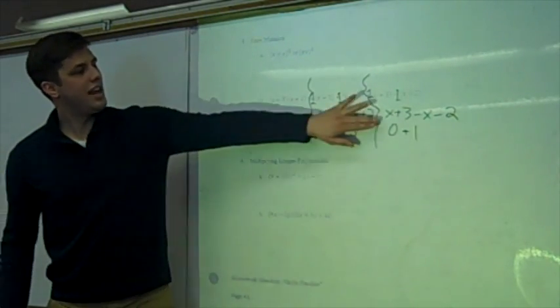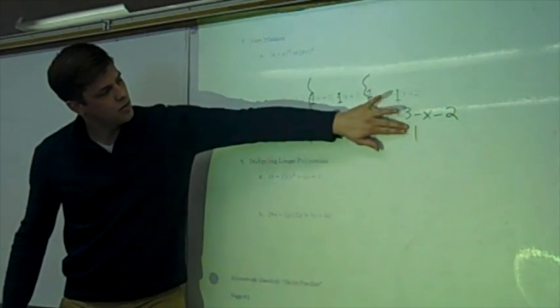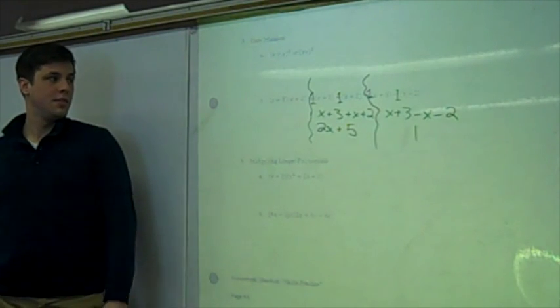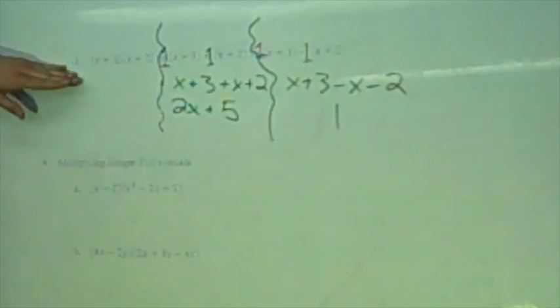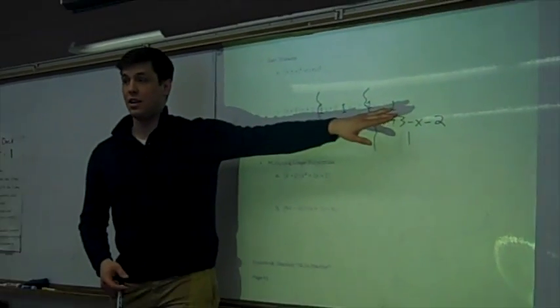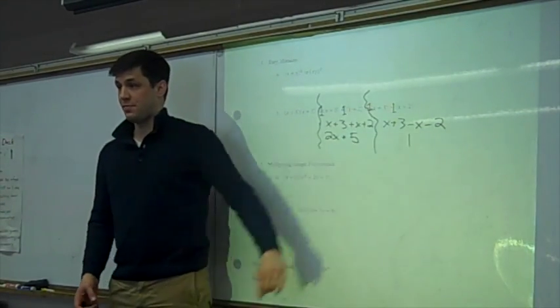There you go. So the answer would be 0 plus 1, or just 1. The purpose of this is to clarify the difference between FOILing, adding, and subtracting polynomials.